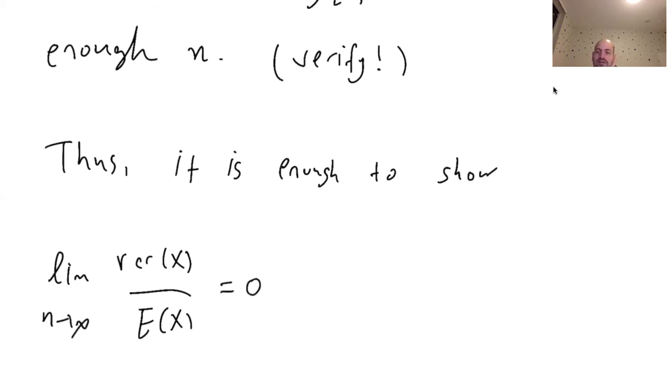Because remember, we want to show variance of X over E of X squared has limit 0, but E of X for this choice of L is bigger than 1. So if we show variance of X over E of X has limit 0, then variance of X over E of X, the whole squared, will be a smaller number, and therefore the limit will also be 0.